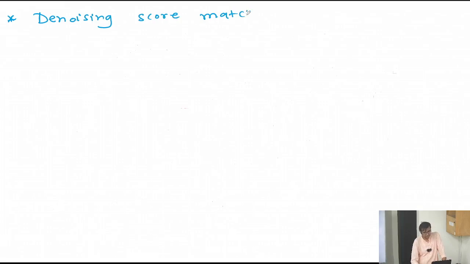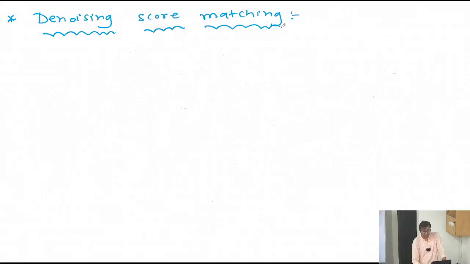Denoising score matching. So what we will do is as follows. For either of these, we will first talk about the philosophy. There are some philosophical aspects. We'll talk about that, then convert that philosophy into mathematics and see what is happening and why it is simple. The philosophy is as follows.